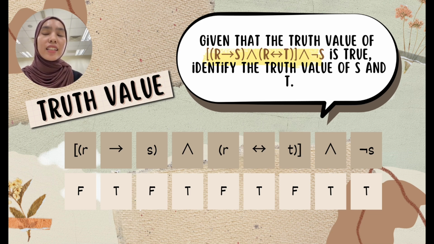And now the second bracket, biconditional, is true. R just now is false, so we can put R here as false too. And then to get true for biconditional is true made true, and false made false. So R is false and T obviously is false because it will become true. So the value of S is false and the value of T is also false.